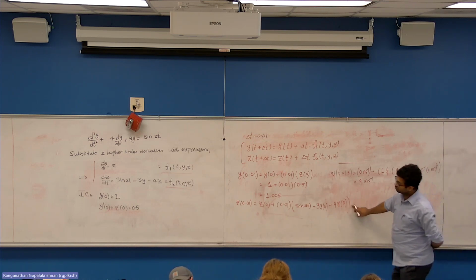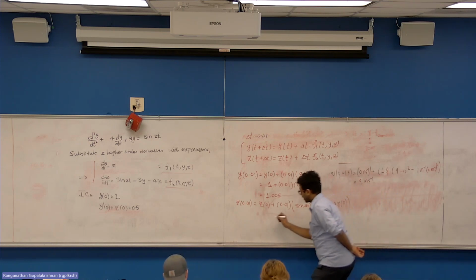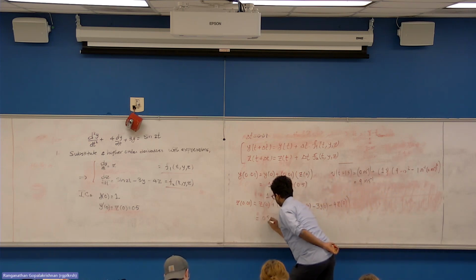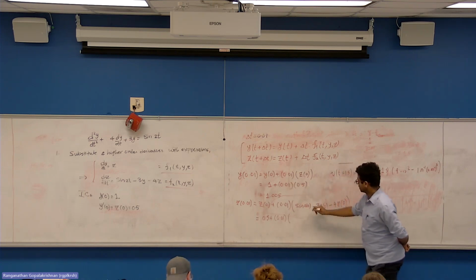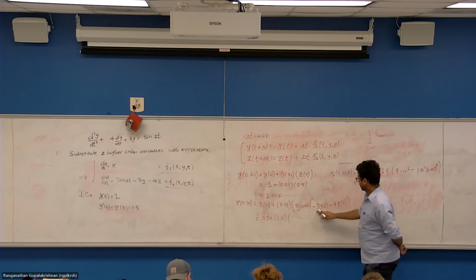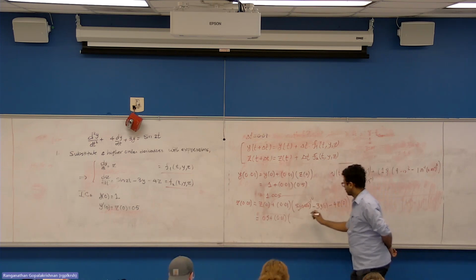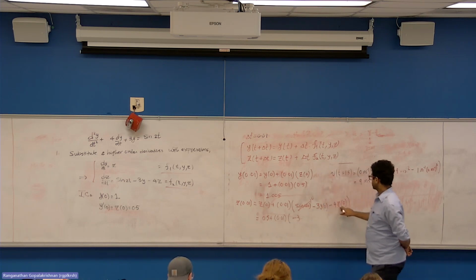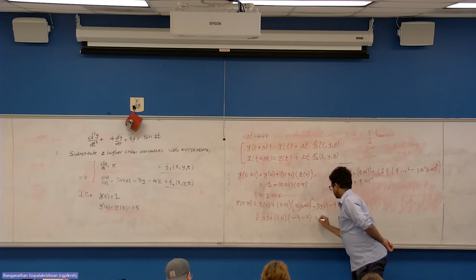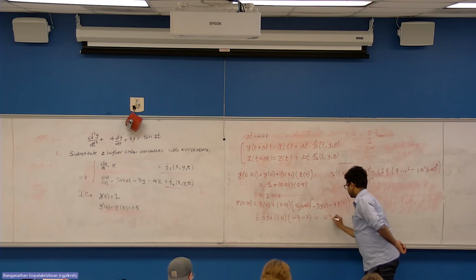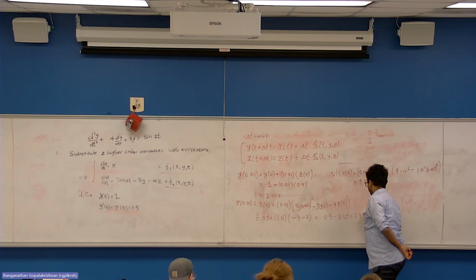We know z of 0 is given as 0.5. So 0.5 plus 0.01 times, this is 0, minus 3 times 1 or minus 3, minus 4 times 0.5, which is minus 2. So this is 0.5 minus 0.05, or 0.45.